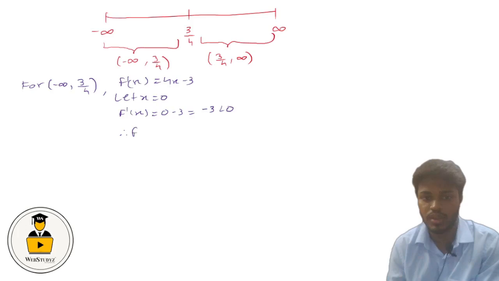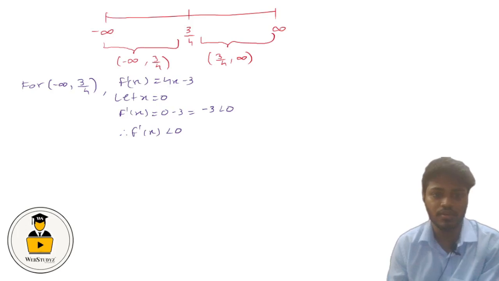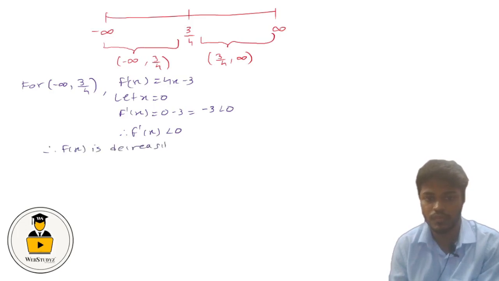That means f dash of x is less than 0, and since f dash of x is less than 0, we can say that f of x is decreasing in the range minus infinity to 3 by 4.